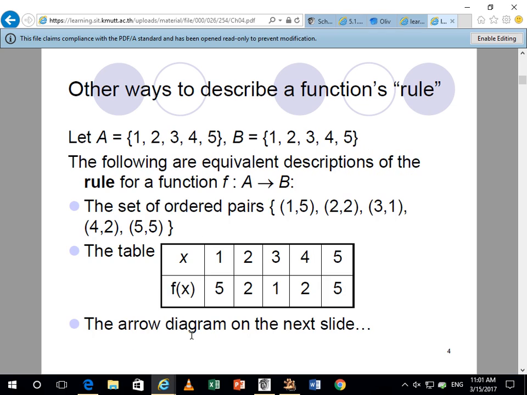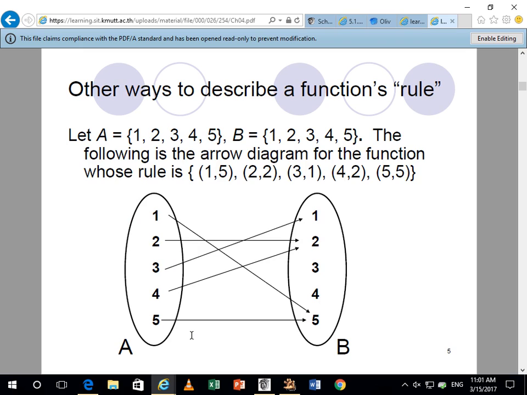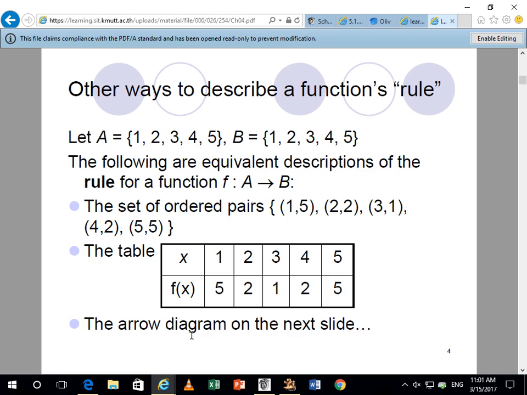So we have ordered pairs, we have a table, we can also show it in an arrow diagram. Okay? Different ways to describe the rules for your function. The function being this.